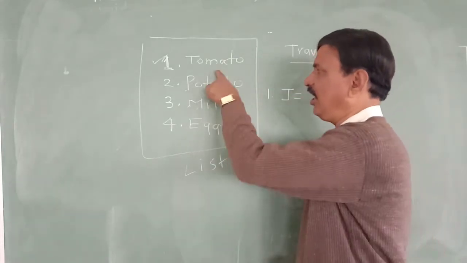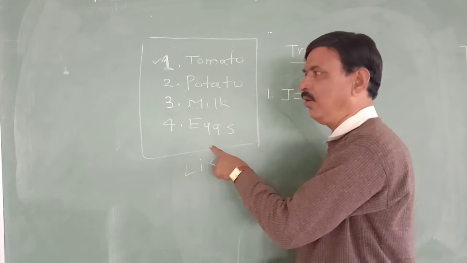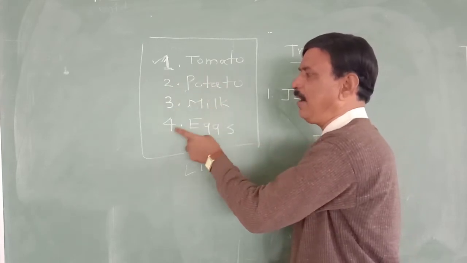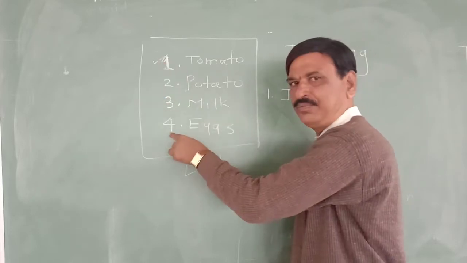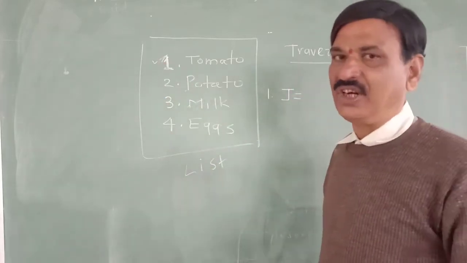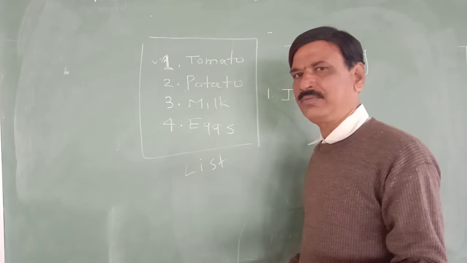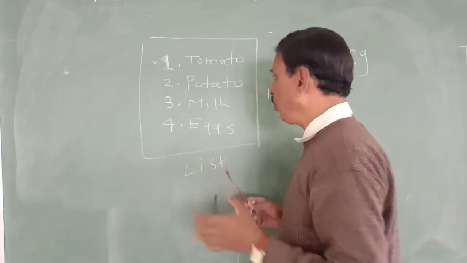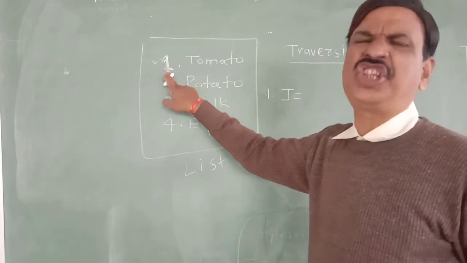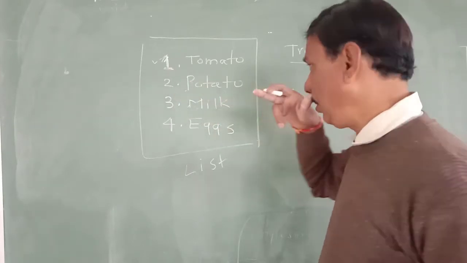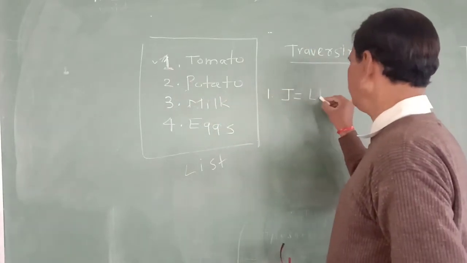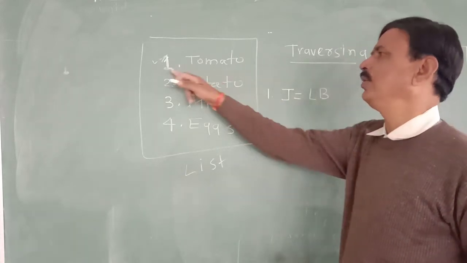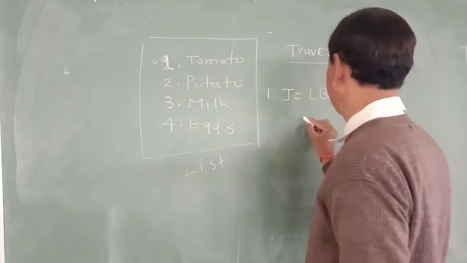A list is a collection of elements where every element is referenced by an index set. Among that, one is called the smallest index, that is lower bound. So can I say J is equal to lower bound, that is 1?